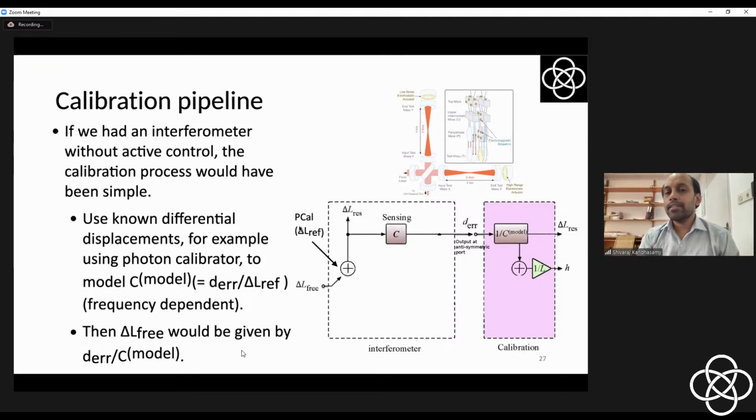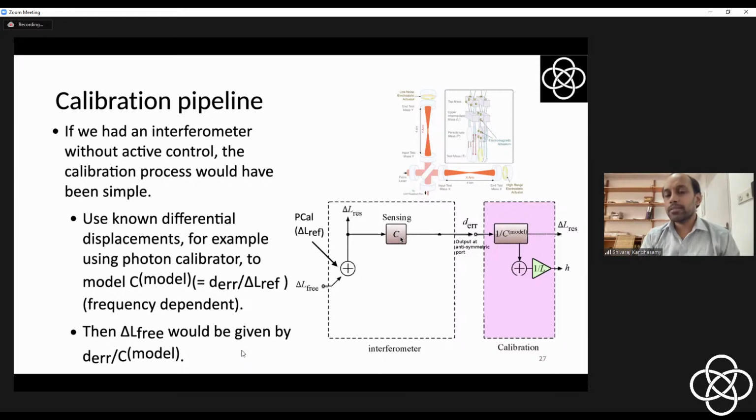So I am applying some light, and I know how much that light should change the length of this arm, and I see some fluctuation at the output port. Then I calibrate this output port fluctuation to the length fluctuation that this external light is supposed to produce. So I'm injecting something here, I'm recording something here, and I'm taking the ratio of these two, Darm error by this delta L reference, what I am producing.